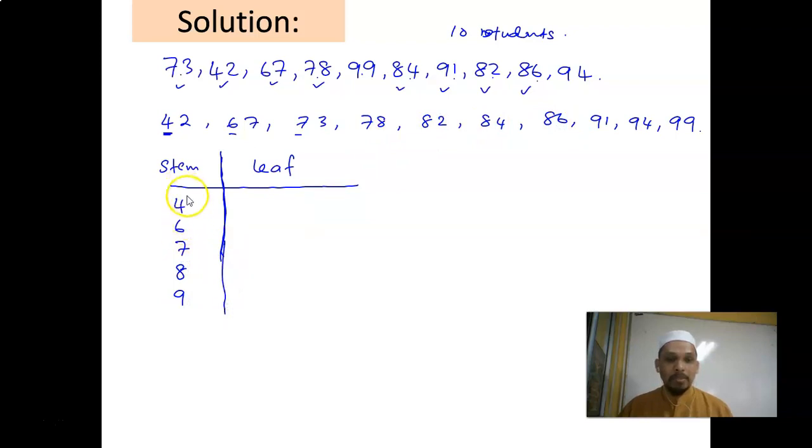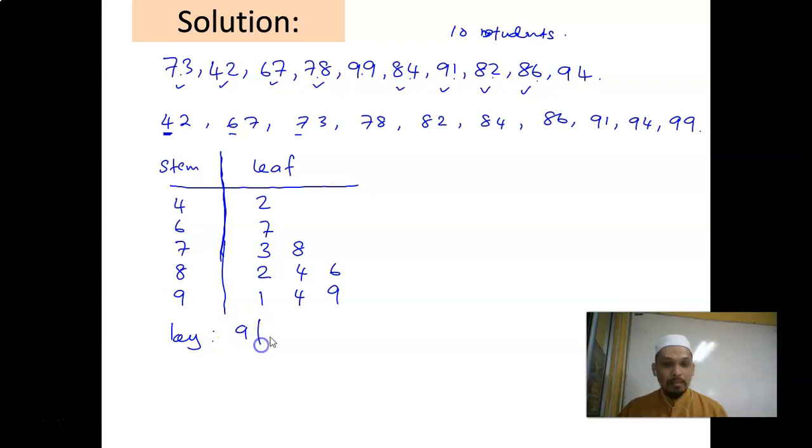So we only have one number beginning with 4 here, 42, then 67, and 73, 78, 80, 82, 84, 86, 91, 94, 99. So write down the key here.